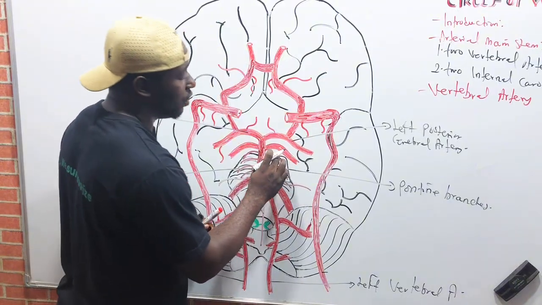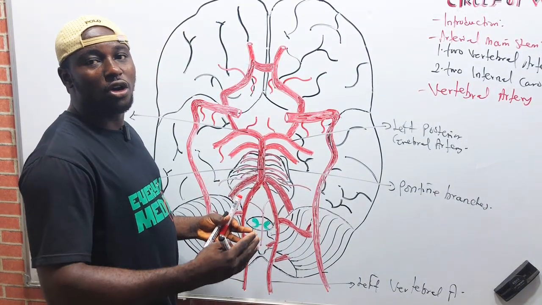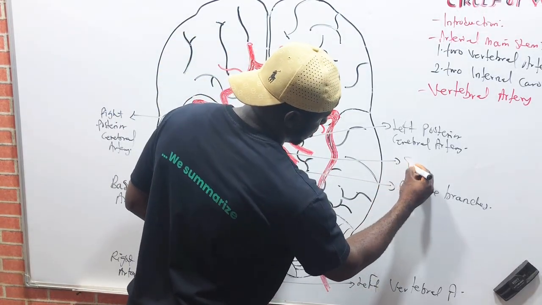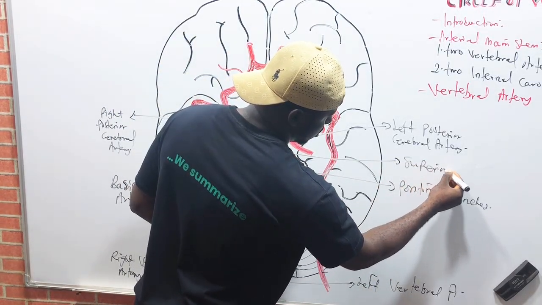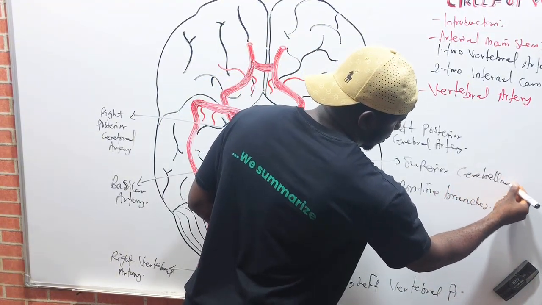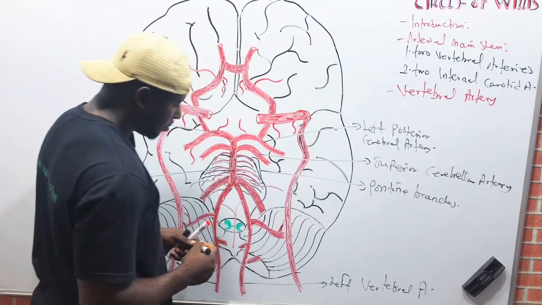This is also another branch, which is called the superior cerebellar artery.